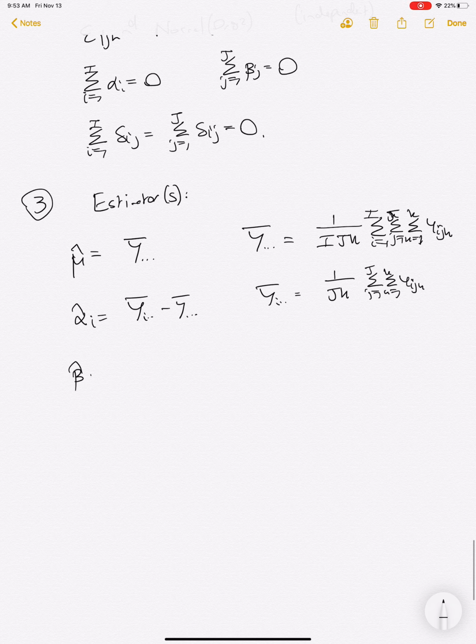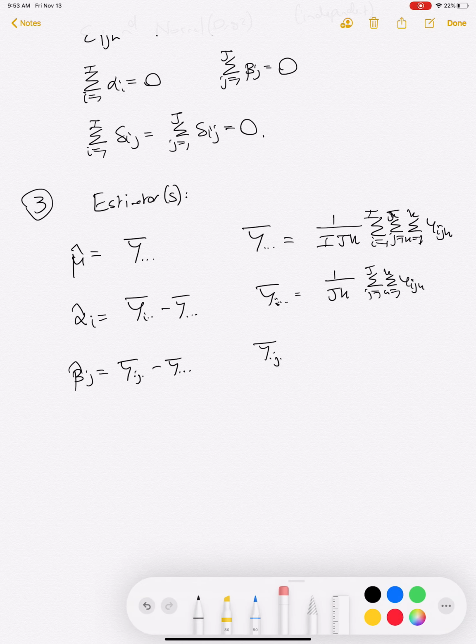And then we have that beta hat j is, we now have three subscripts. So I've got dot j dot here to indicate the mean here, and then we also want to subtract off the, let me make this a little bit clearer.